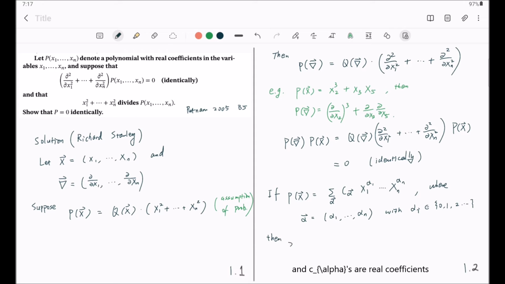Then P of nabla will be correspondingly the same sum, just with x1 through xn replaced by d by dx1 through d by dxn.